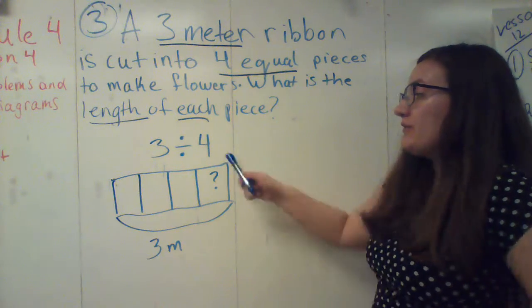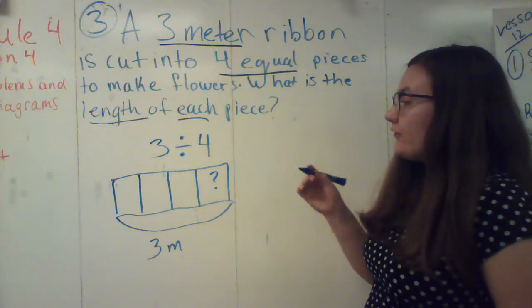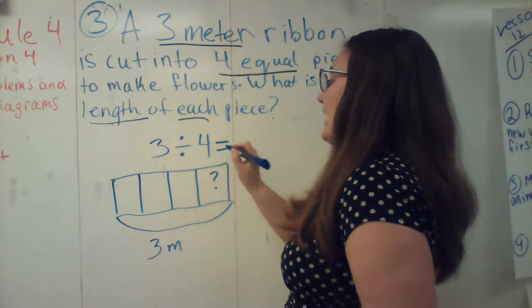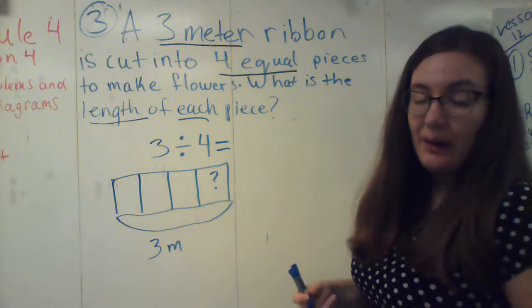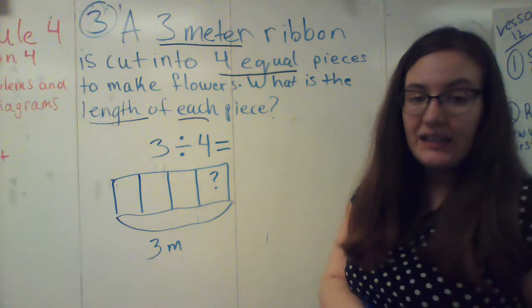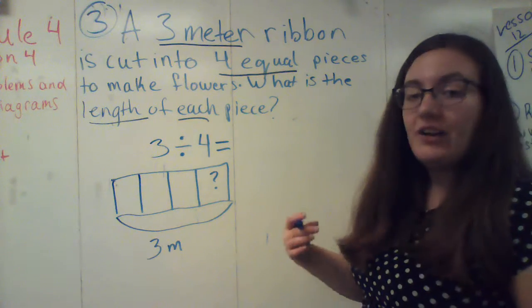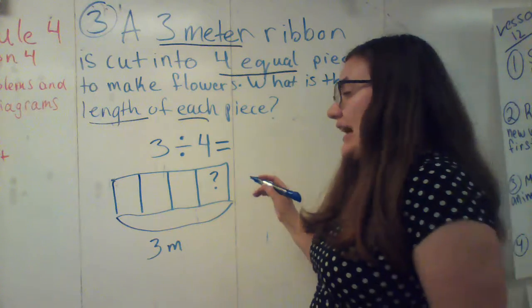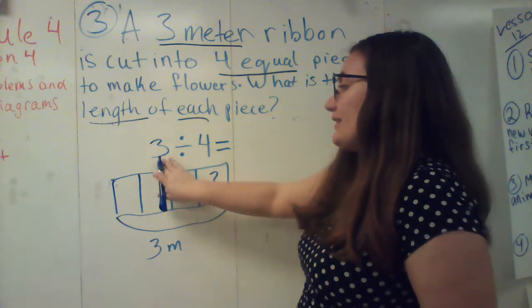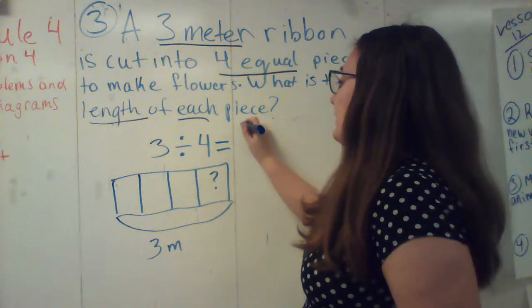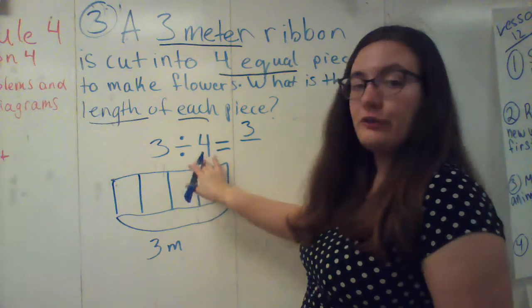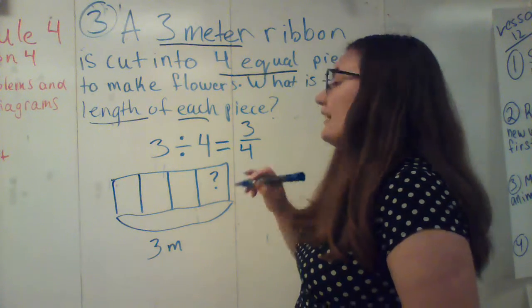And I'm going to think about, well, if I have 3 divided by 4, then I can write this as an improper fraction, like I did back in lessons 2 and 3. And all that needs me to do is I basically just rewrite this with this number 3 in my numerator and this number 4 in my denominator.